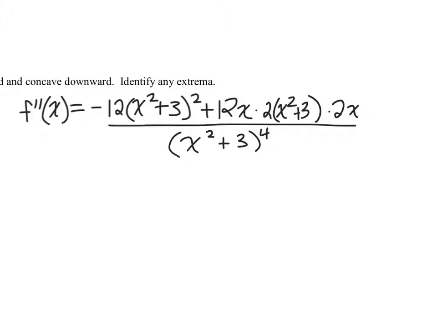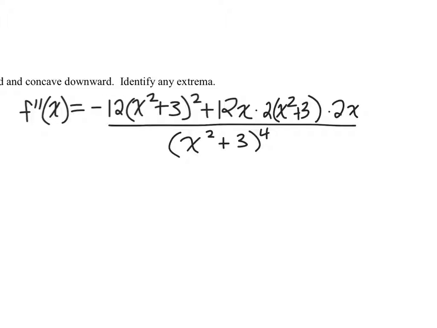So, barring any mistakes, entirely possible, I suppose. But we do want to simplify this, not because I'm telling you to simplify it, but because we have to solve by setting equal to 0. I suppose you could get it done just by setting equal to 0 and going after it like an animal, but you probably want to clean it up a little bit more first.